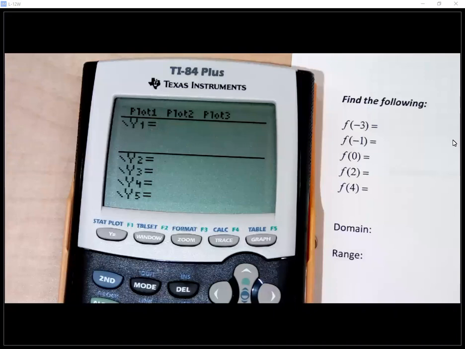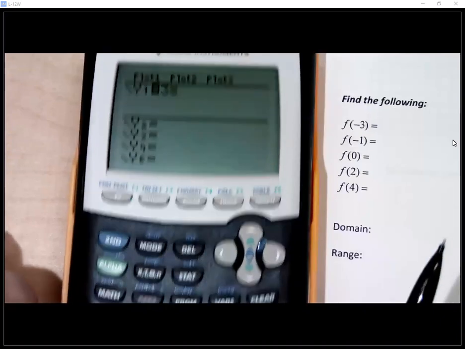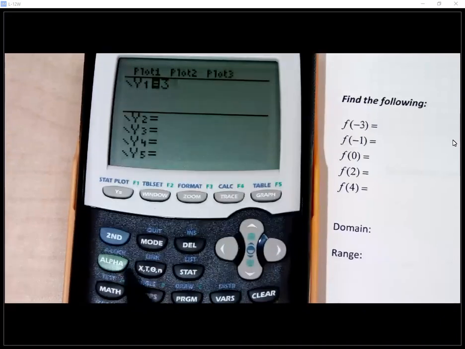Okay, so I want to enter in the function that's on the worksheet there, 3x squared minus 5x minus 6. In order to do that, I need 3, of course. And then if you take a look right next to the green alpha key, there's a button that has X, T, theta, n. That's basically your variable key.